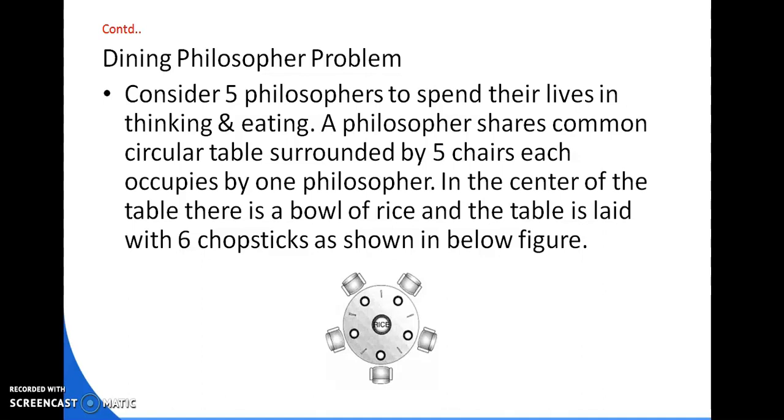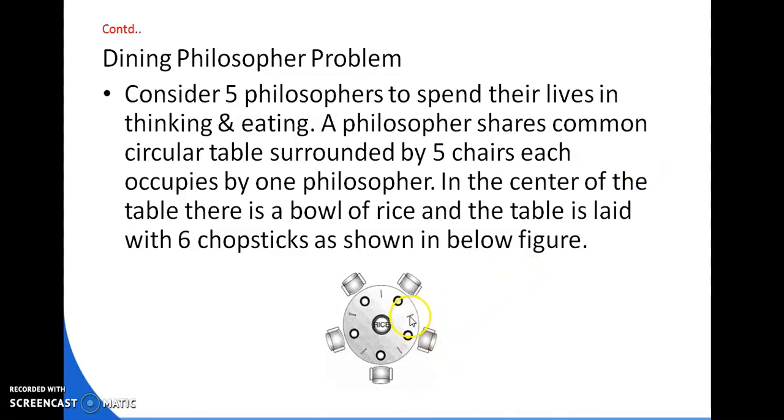This problem is considered a classical synchronization problem because here there are philosophers 1, 2, 3, 4, 5 and chopsticks 1, 2, 3, 4, 5, right? When this philosopher starts to eat, he uses this chopstick and this chopstick. At the same time, suppose this neighboring philosopher wants to eat, then what will happen?